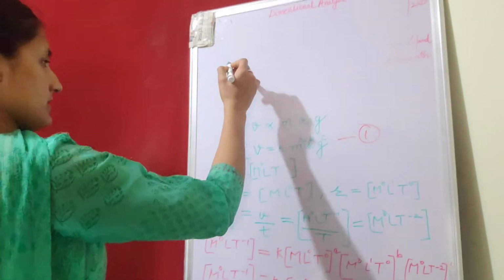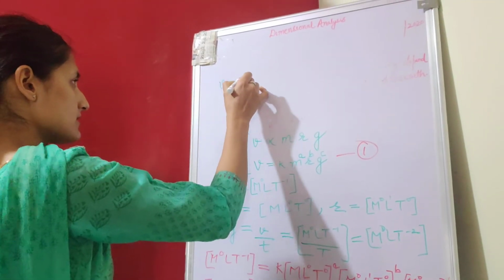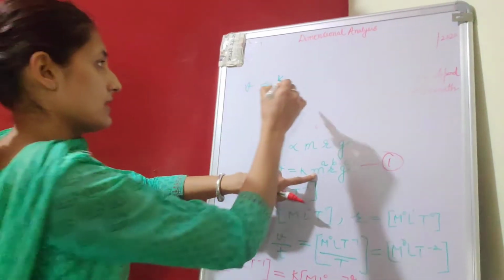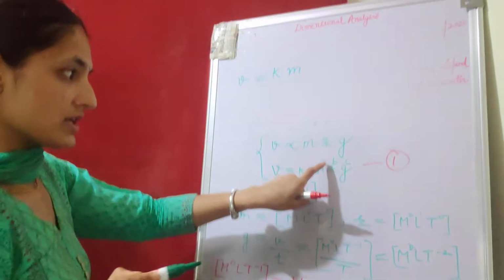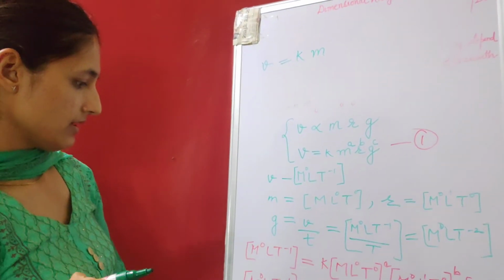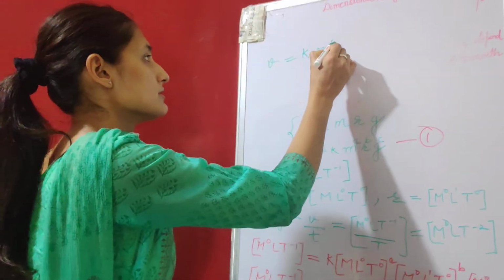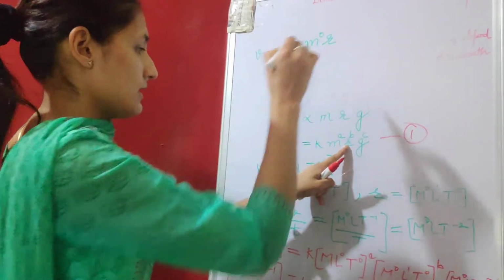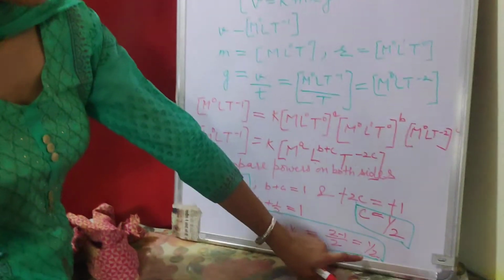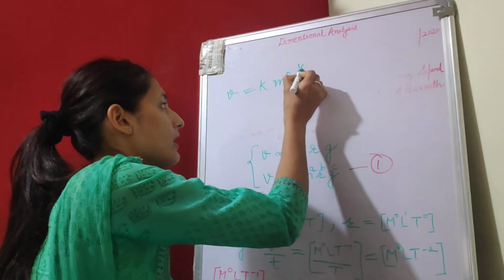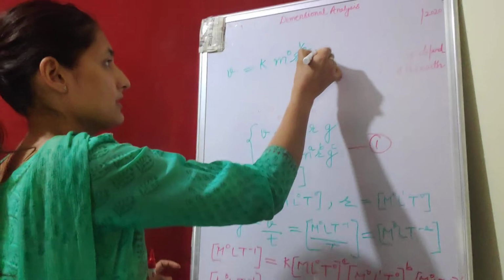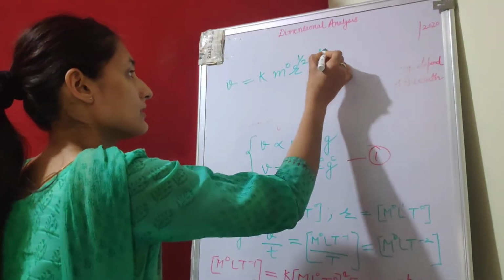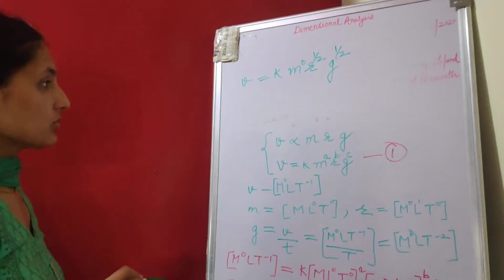Now equation 1 can be written: v is equal to k, mass m raised to the power a, and the value of a is 0, and r raised to the power b, and the value of b is half. g raised to the power c, and the value of c is half.